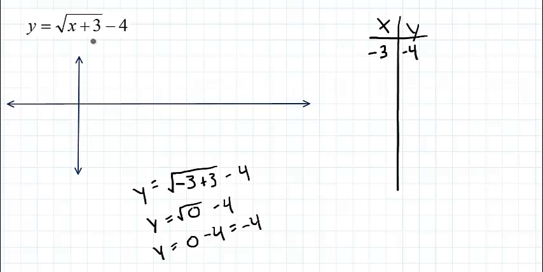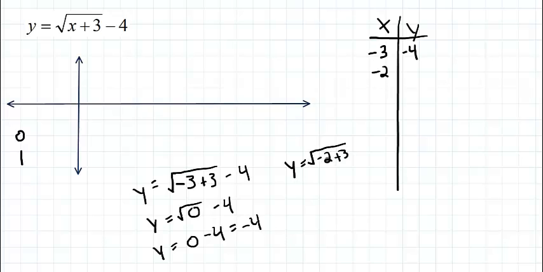Now, what is the next number greater than 0 that we could have under the square root that when we take the square root of it, it would give us a whole number? And after 0, it's going to be 1. I'll keep track of them over here. So if we plug in a -2 for X, I'm going to put that right here. Say -2 plus 3.